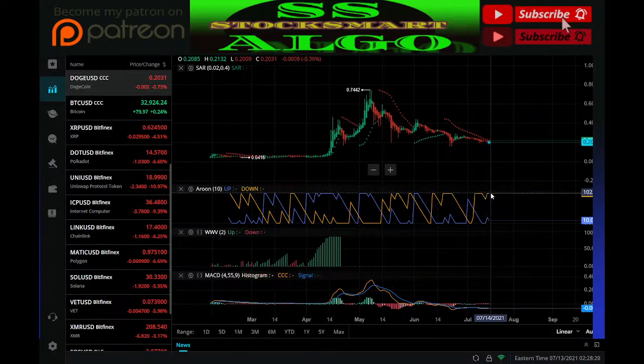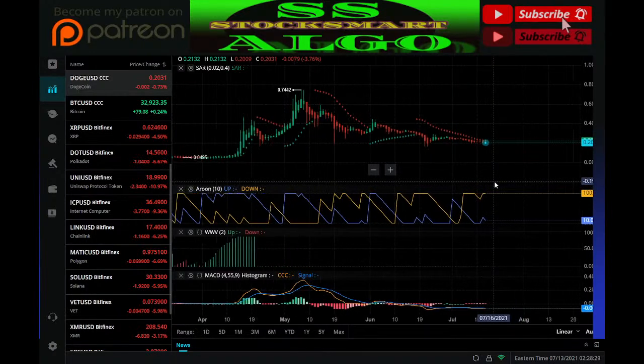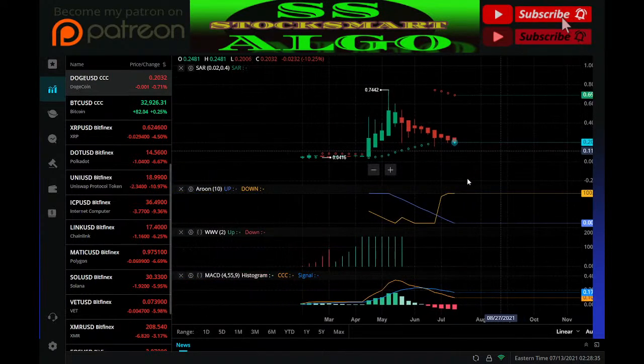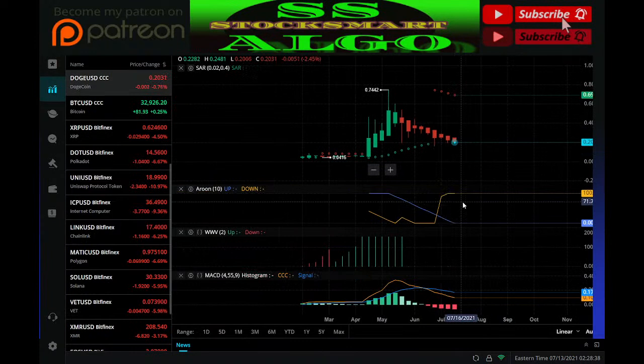All right, so given that 20 cents right now, we could see a reversal in the upwards direction with Dogecoin here very soon. All right, daily, weekly. See how we might be hitting our bottom soon enough.